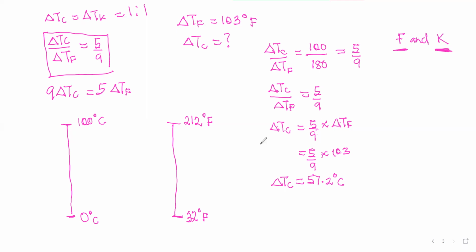No, I just want the ratio in terms of change in temperature. We've done it for Celsius and Kelvin, Celsius and Fahrenheit, and I want you to do it for Fahrenheit and Kelvin. Get the ratio of the change in temperature. Do we understand the question? Yes, please. All right, I'm waiting.